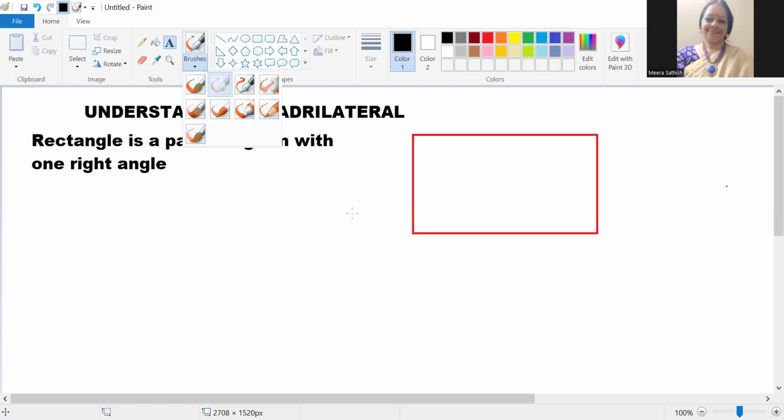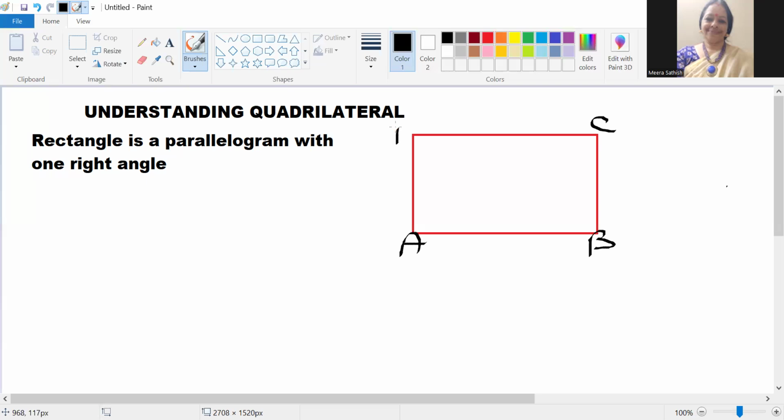See here, A, B, C, D. As per definition, it's a parallelogram, no? One right angle. I am taking only A as right angle. In a parallelogram, we know that opposite angles are equal. So when angle A is 90-degree, then angle C is also 90-degree. Then we know that in a parallelogram, adjacent angles are supplementary.